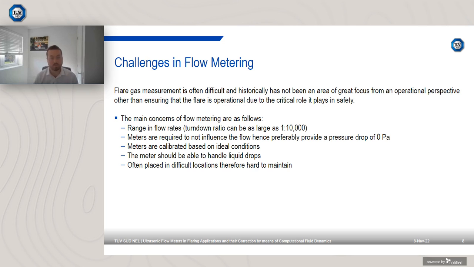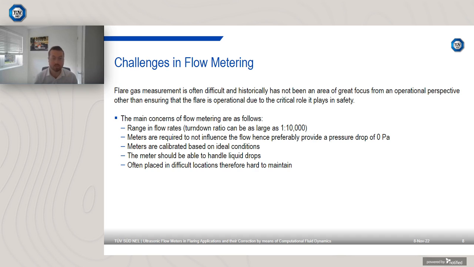So you want a flow meter that will provide a pressure drop of preferably 0 pascals, because if you have an issue, you want to get the gas out as quickly as possible, and if you have an intrusion within the line, that is obviously preventing the gas from moving as quickly as possible.